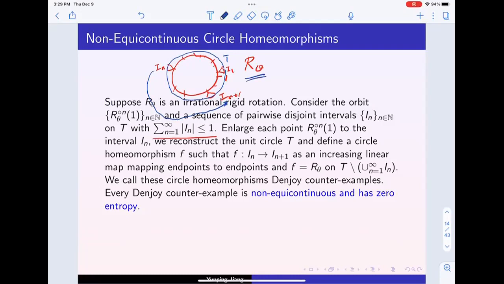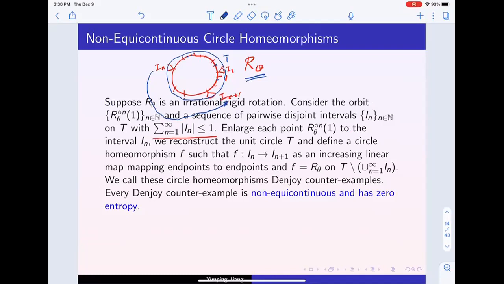So this map is actually not topologically conjugate to the rigid rotation. Also, it is not sensitive to the initial condition, because if you take any two points close, then eventually they will cross this I_1, and since the intervals are preserved, the distance will be bigger than or equal to some given number.